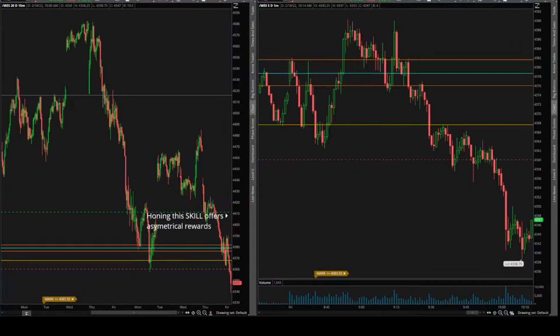E-mini trying to do its thing. Let's see where the halfback is on NASDAQ. What we got there. A little bit of a bounce here. Got a halfback right there at 14.